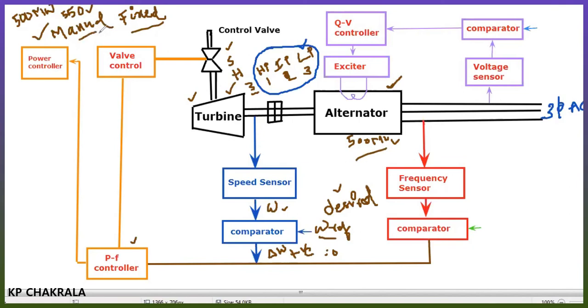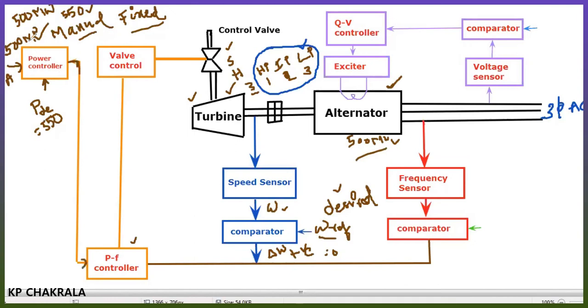So here what will happen is, this power controller will have P desired, which will be 550 megawatt, and the other input will be P actual, which is 500 megawatt. These two are compared, and the arrow mark should be like this.